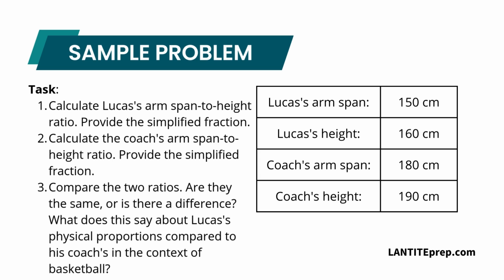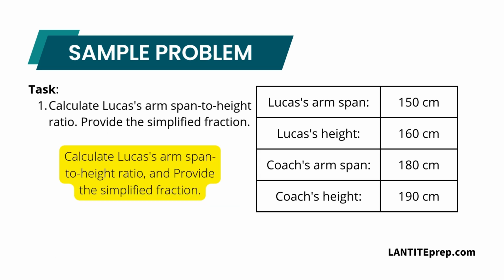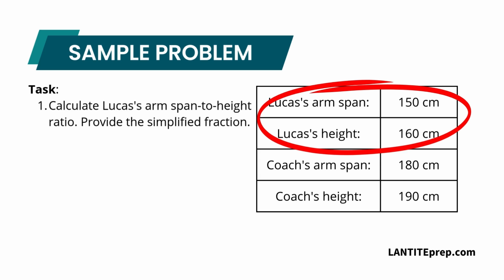Great. For task number 1, we need to calculate Lucas's arm span to height ratio and provide the simplified fraction. To do so, we'll want to identify the numbers we need to use. In this case, that's Lucas's arm span at 150 centimeters and his height at 160 centimeters.